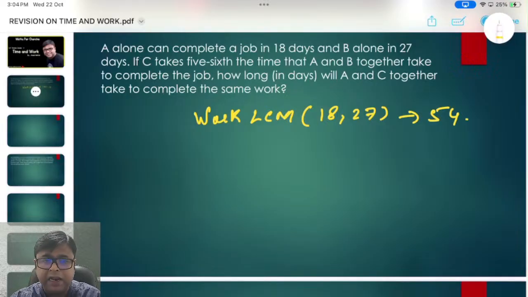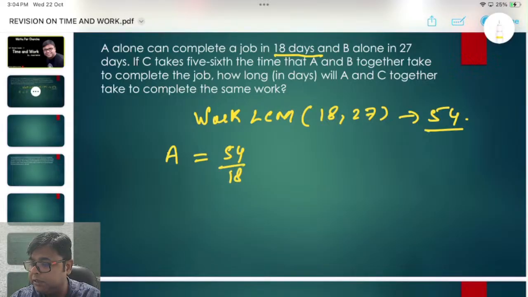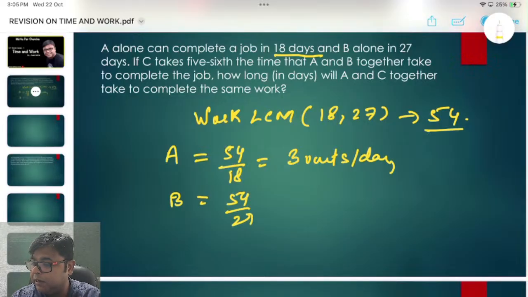Now let's find their efficiencies. Efficiency is units made or work done per hour or per day. So A can complete 54 units in 18 days. So A's efficiency is 54 by 18, which is 3 units per day. And B's efficiency will be 54 by 27, that is 2 units per day.